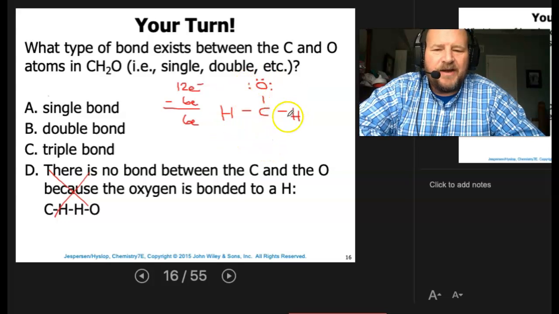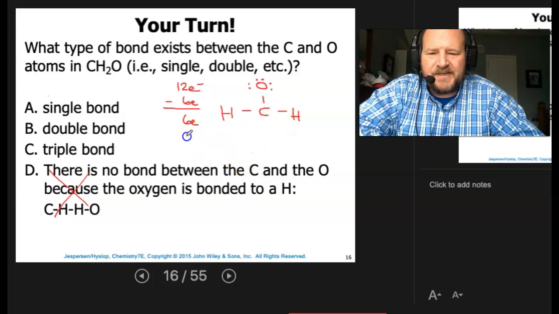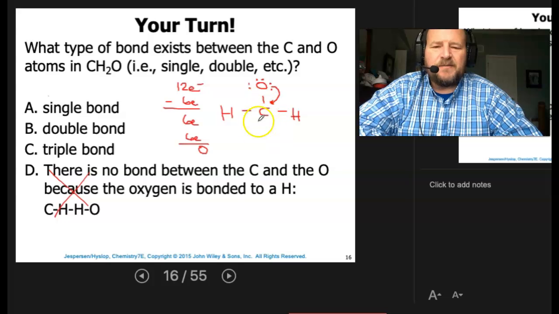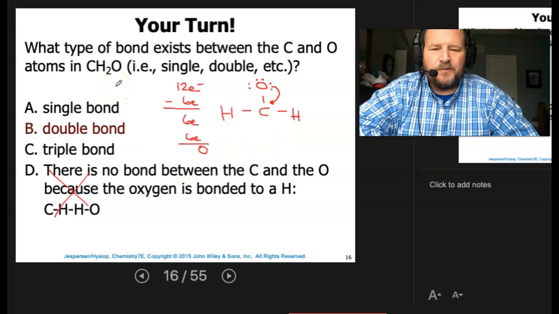So we've completed all the octets except for carbon, right? Because that's going to use up the 6 electrons on the oxygen. So we have no electrons left over, which means we're going to take 2 of these, put them in here to make a double bond. So again, our answer will be B.